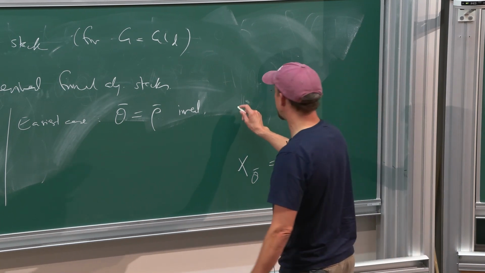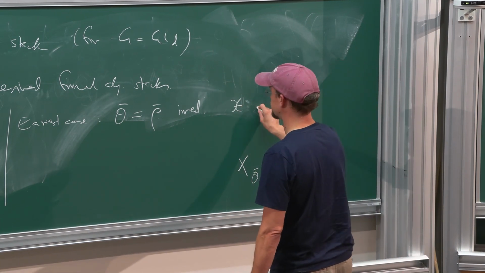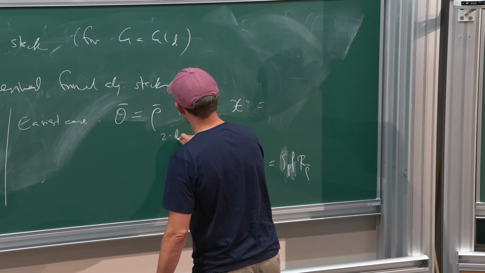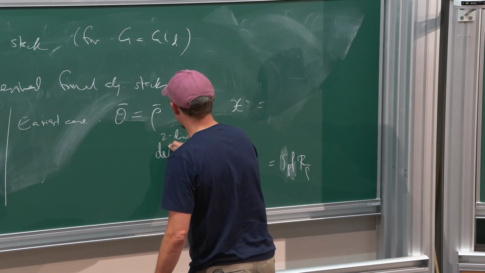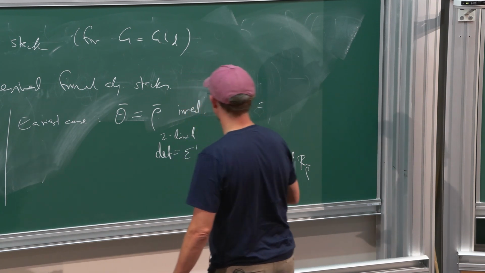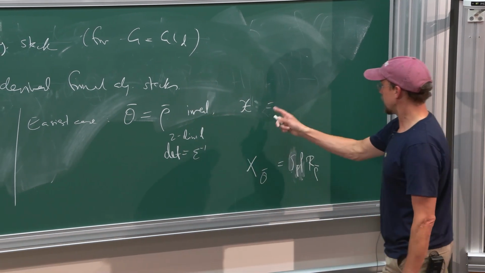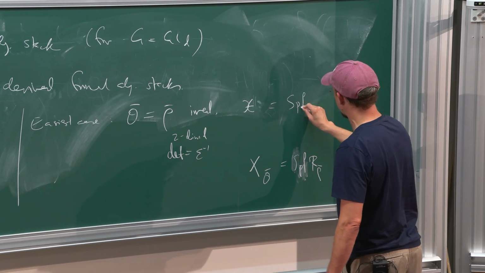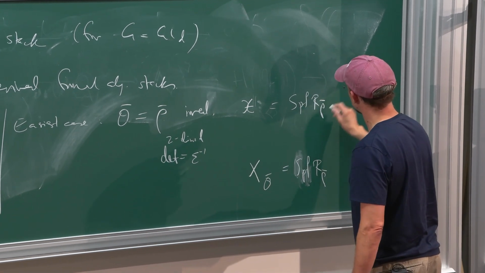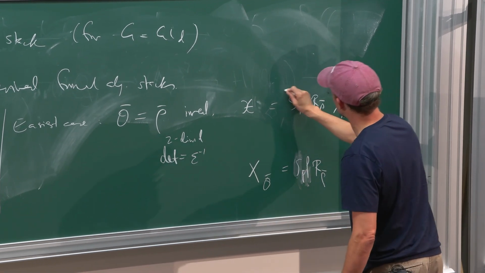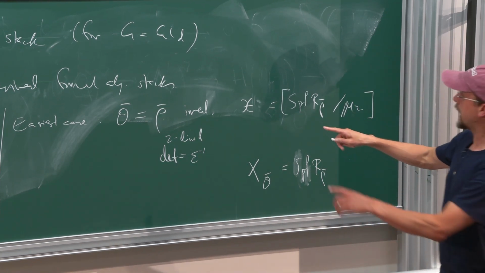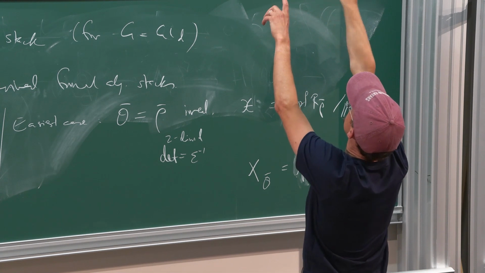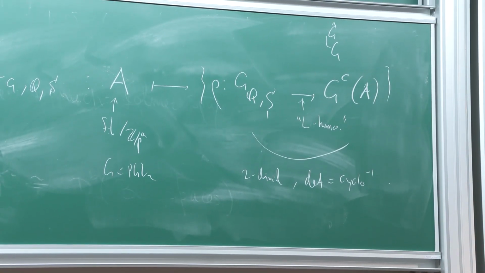But the stack will be very slightly different. So let me say two-dimensional, just again as my special case of PGO2. And so again, take the determinant to be cyclo to the minus 1. Then the X will be a stack, and as I said, when I'm doing two-dimensional reps but the determinant is fixed, the automorphisms are the center of SL2, and that's mu_2.